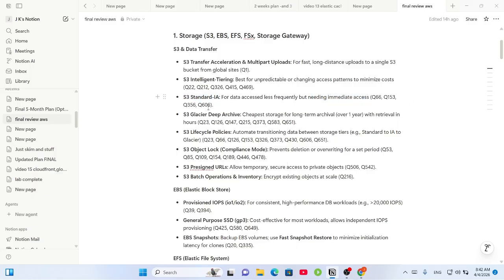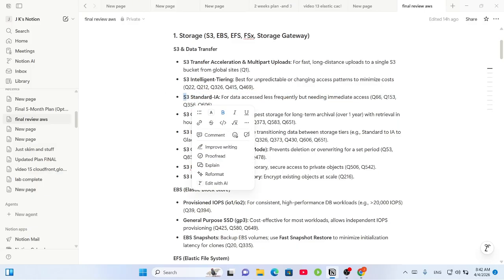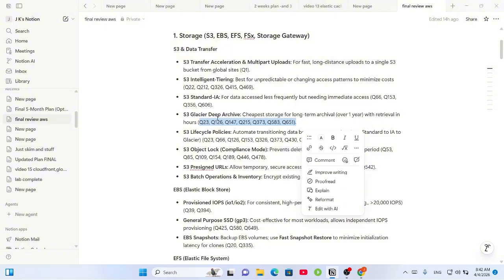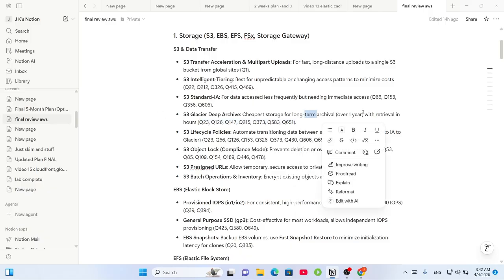Again, I received four questions in the exam related to S3 Standard-IA. Same thing with Glacier Deep Archive: we got seven questions. See the frequency of the questions we receive from S3. So we have to actually understand this one.